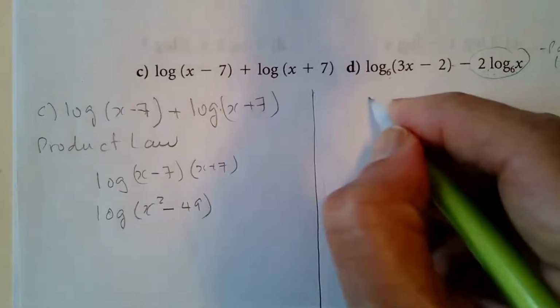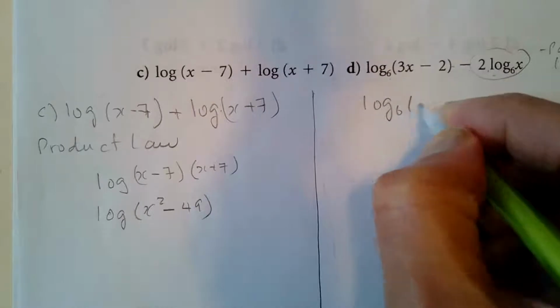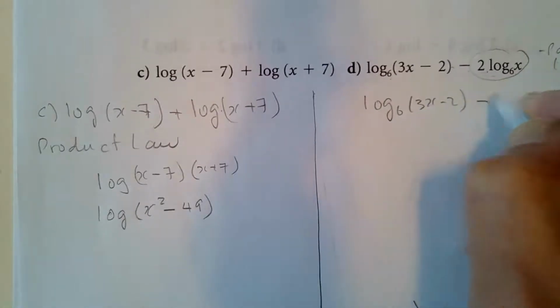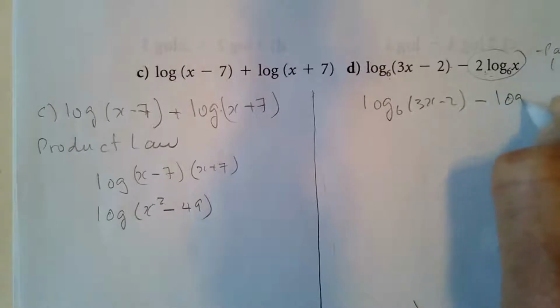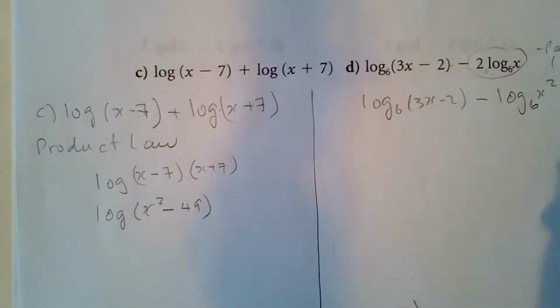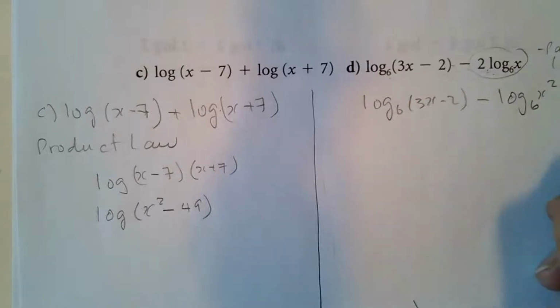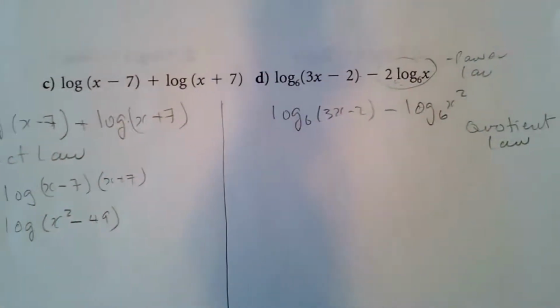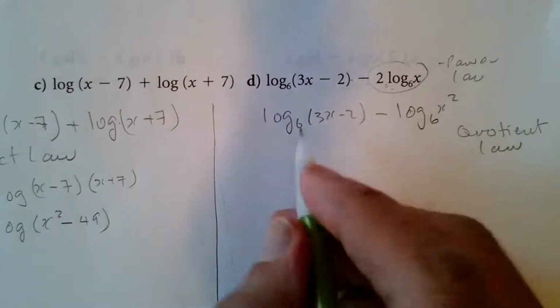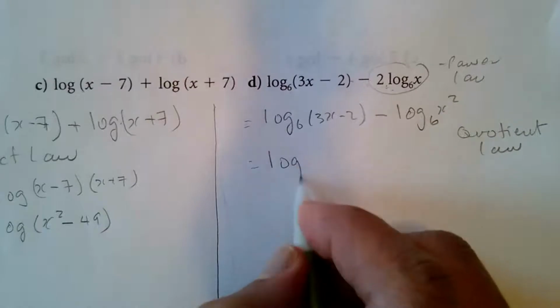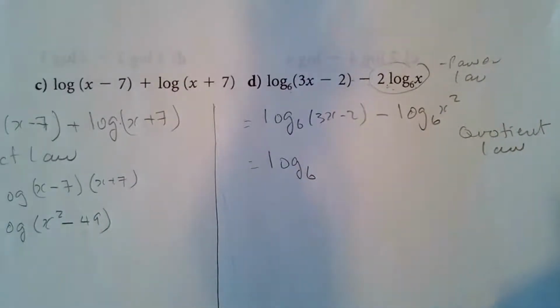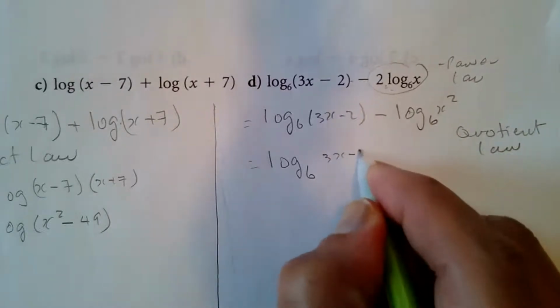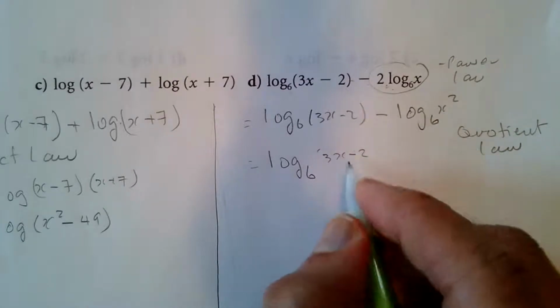Let's apply the power law first, and that gives us log 6 into 3x minus 2, minus log 6 of x squared over 2. Now we're going to apply the quotient law. Log 6, which gives me 3x minus 2 divided by x squared.